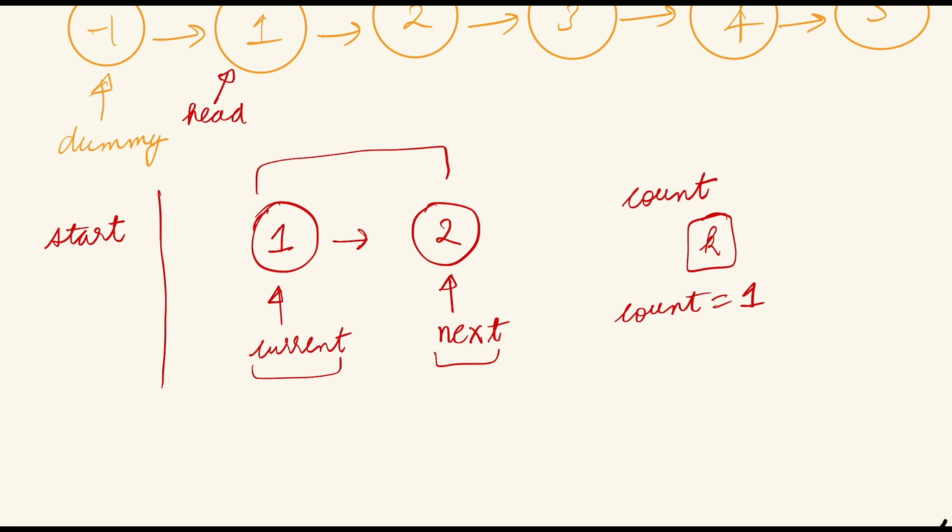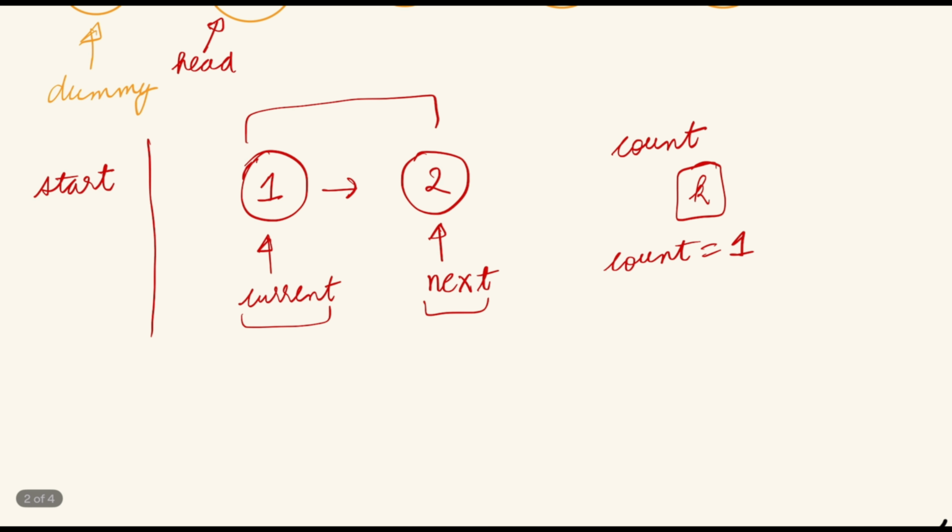So what we're going to do is set the next pointer of the next variable as current, as we are reversing the sublist. And before doing that, we have to store the next reference of the next variable somewhere. So let's call it temp.